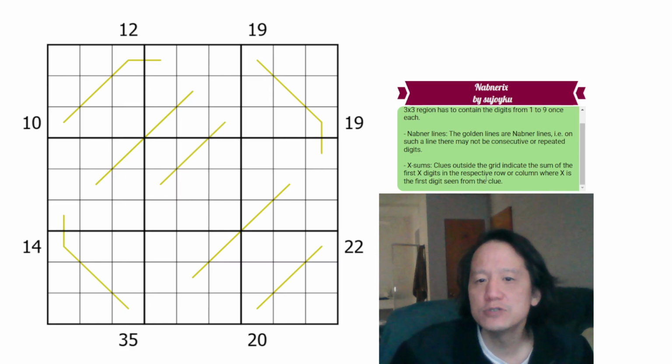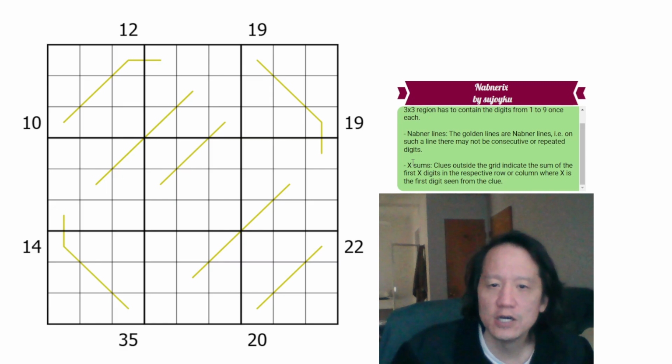Xsums. Clues outside the grid indicate the sum of the first x digits in the respective row or column, where x is the first digit seen from the clue. So, for example, all the numbers outside the grid are basically xsum clues.